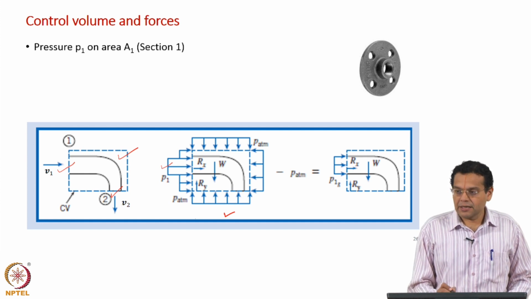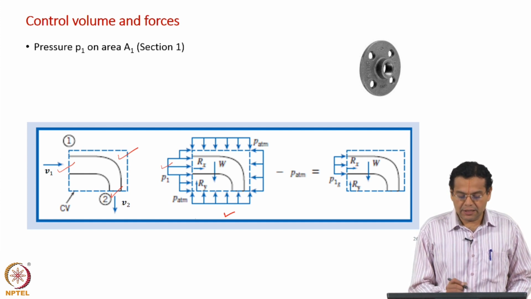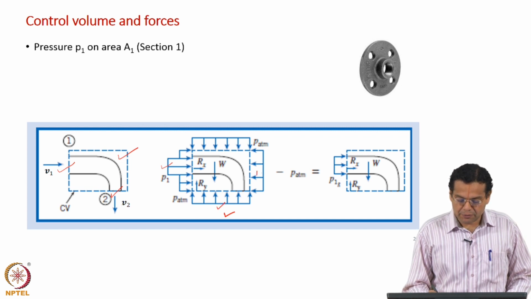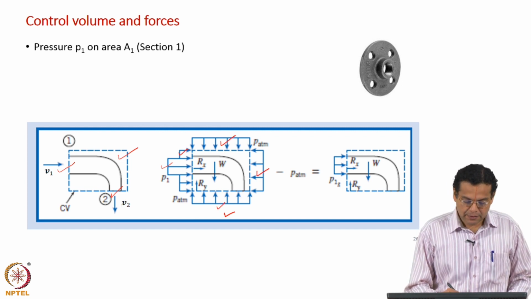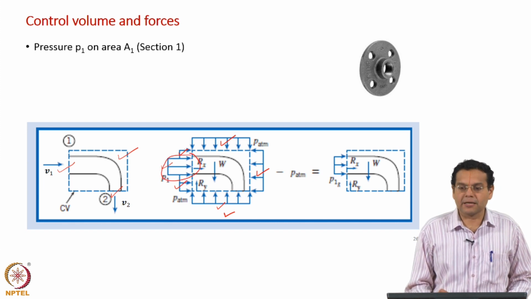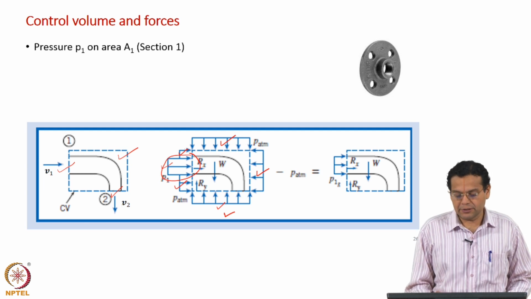The pressure force acting on the control surface. Everywhere you have atmospheric pressure. Here you have, in addition to atmospheric pressure, some extra pressure. So, that is why this arrow is bigger than the other arrows.